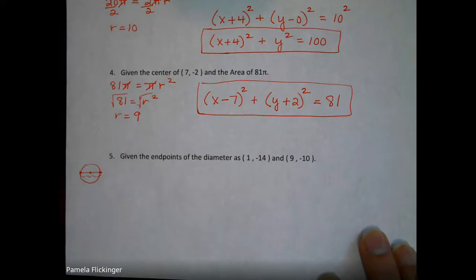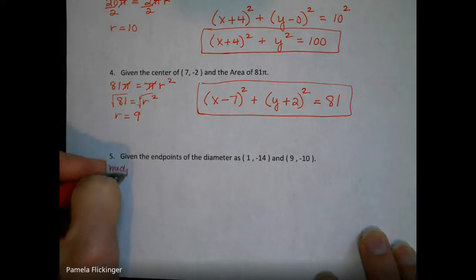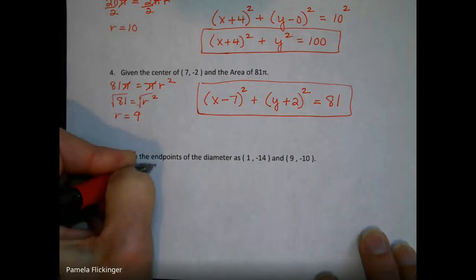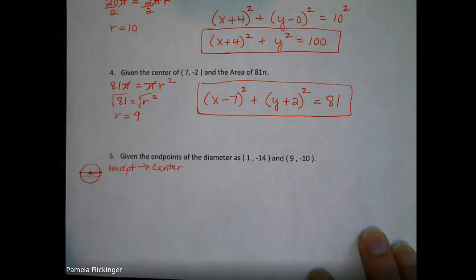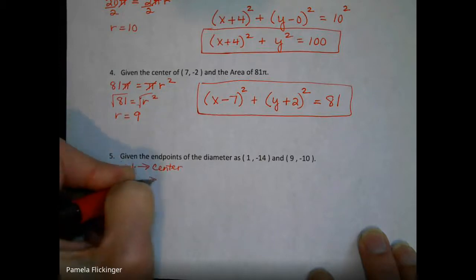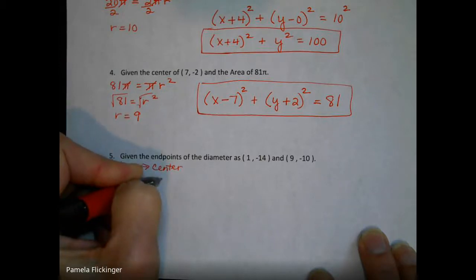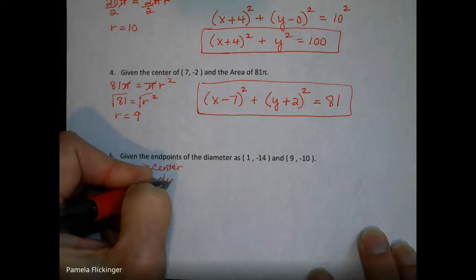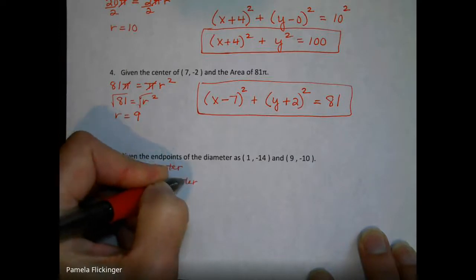So we have to do that, but then we also need the center. If you think about a diameter, the center is always the middle of a diameter. So we're going to use the midpoint to get the center, and we're going to use distance to get the diameter or the radius.